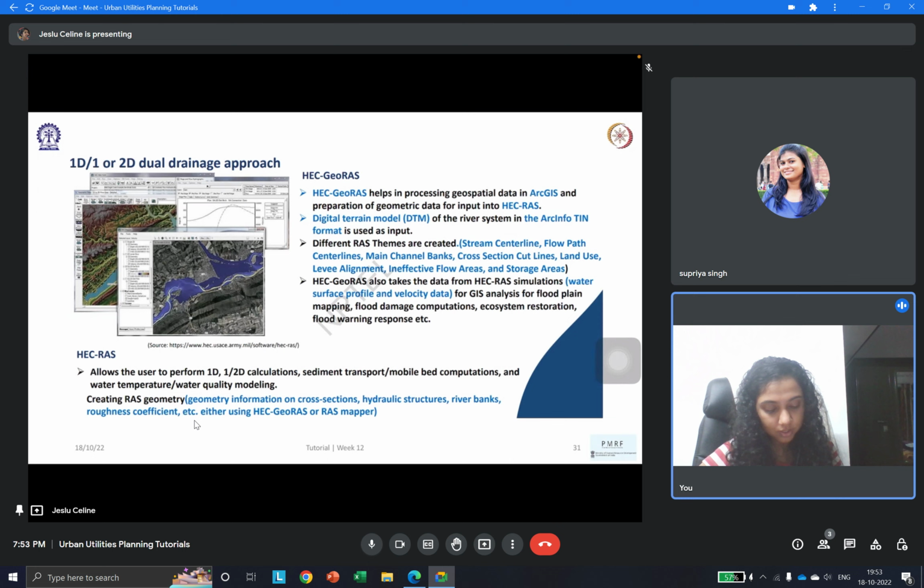This also we discussed somewhere over here, where we were talking about the different data and ArcInfo TIN which we will be using. So this is the DTM which we need. DEM is the elevation model, so let's not get confused with both.